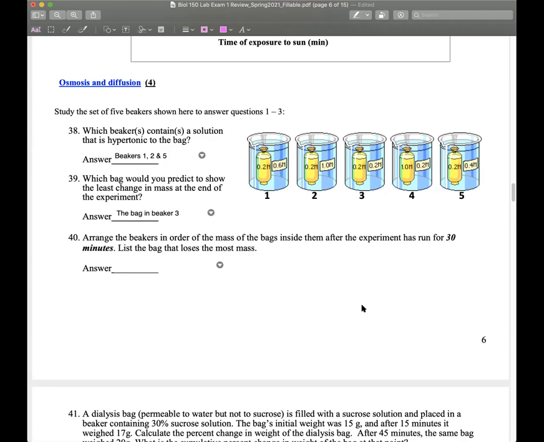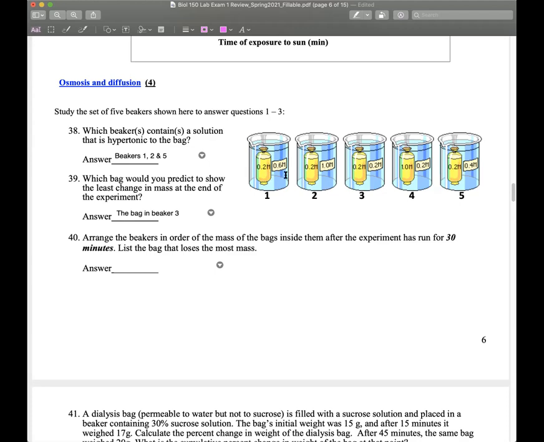Professor, I was wondering if you could review just the definition of hypertonic. Sure, hypertonic means there's more stuff dissolved in the liquid. The stuff dissolved in the liquid is usually numerically represented as molarity.